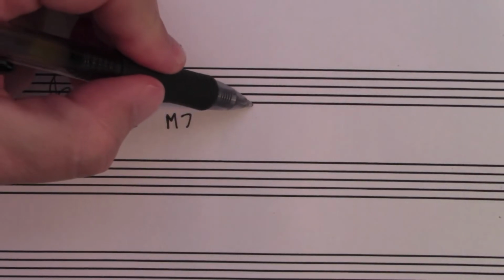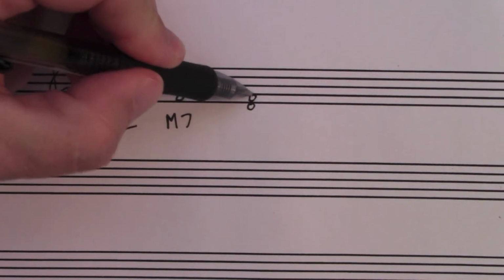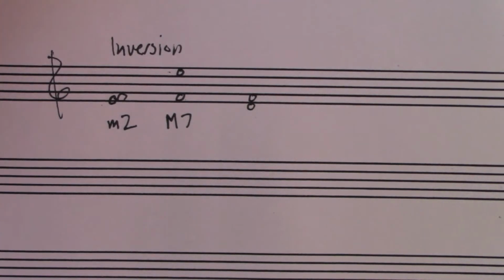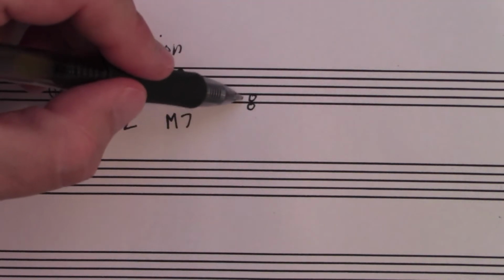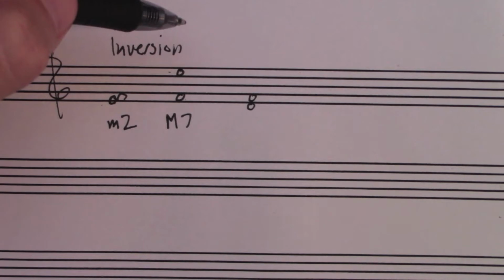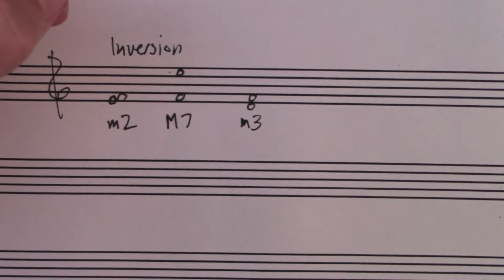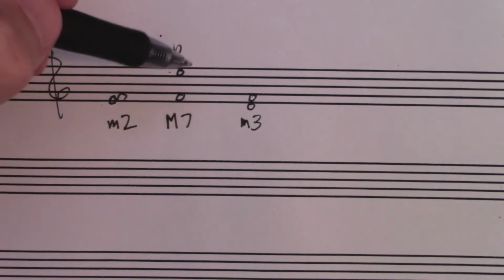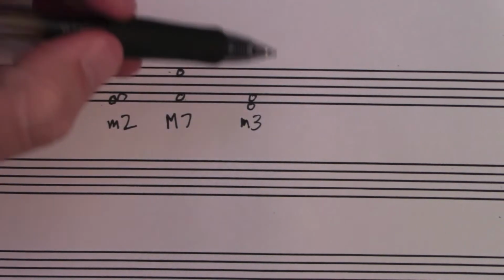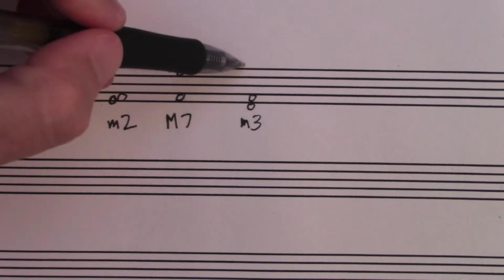Here's another one. D to F was, well, it's a third. What kind of third was it? It was a minor third. So what is the inversion of this? Well, in essence, what we do is we take the bottom note and we make it the top note.